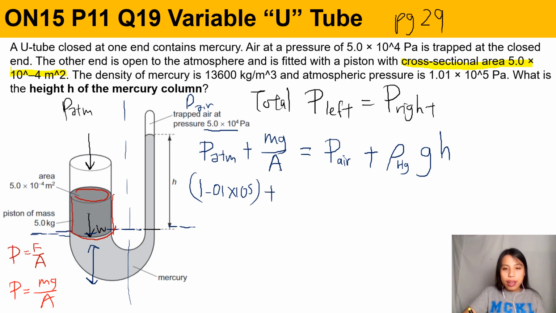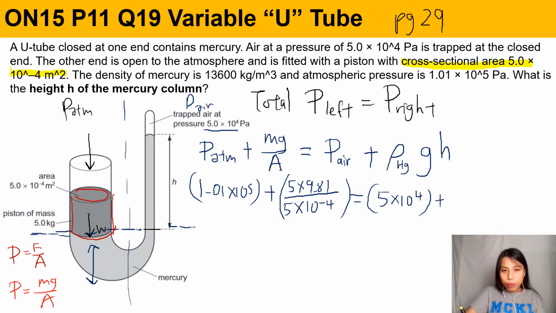Mg, 5 times 9.81, over the cross-section area, which is 5 times 10 to the negative 4, equals the pressure of the air that's trapped up there, which is 5 times 10 to the 4, plus the density of mercury. Is it given to us?